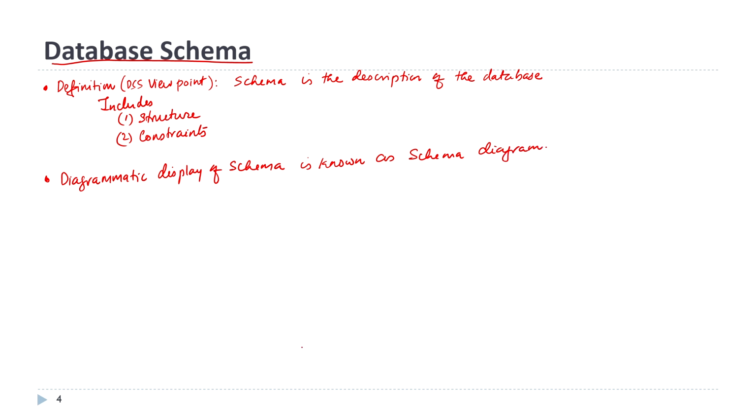One way to think about it is that a schema can give you the description of the data. Let us say there is a table in the database, for example, personal details.